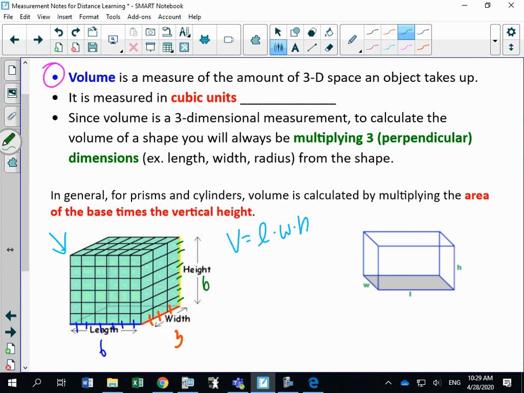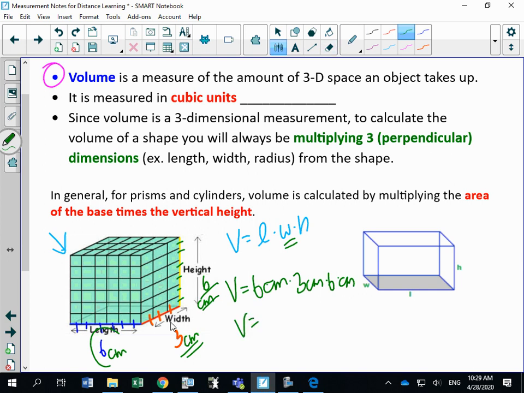So if I was to calculate this, volume is equal to, and let's just say it was centimeters for now, because it will help you visualize this a bit more, the length, which is 6 centimeters, times the width, which is 3 centimeters, times the height, which is 6 centimeters.